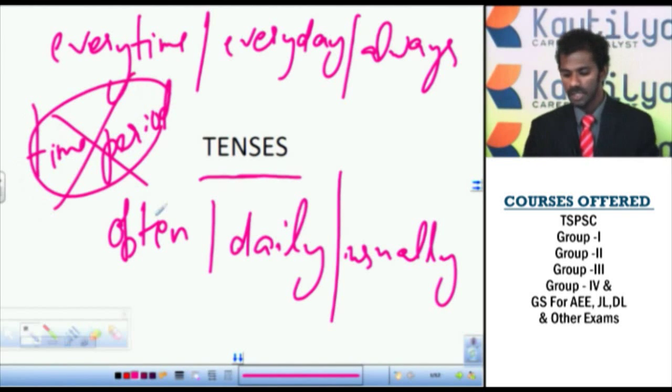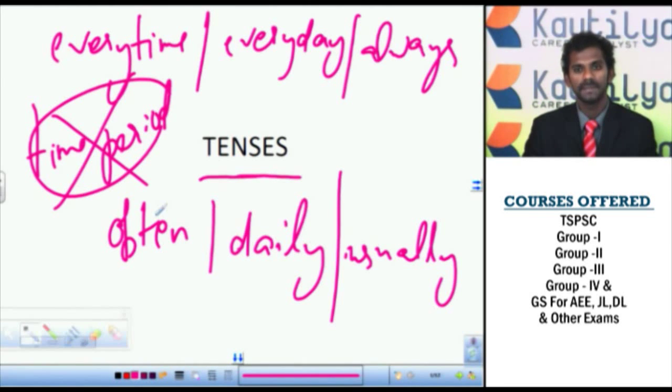If the time period is mentioned, that means the action is coming to an end, and continuous actions will never end. So in a continuous sentence, whether it is present or past or future, time period should not be mentioned.